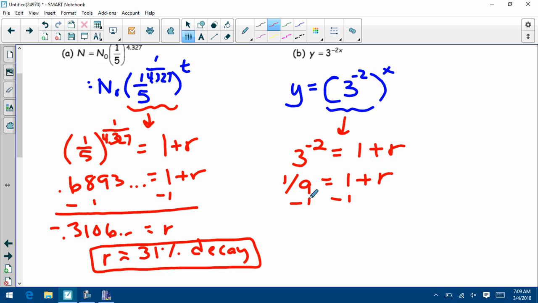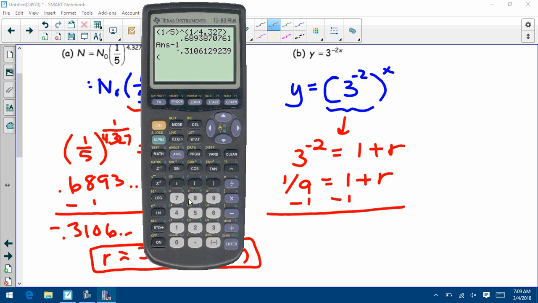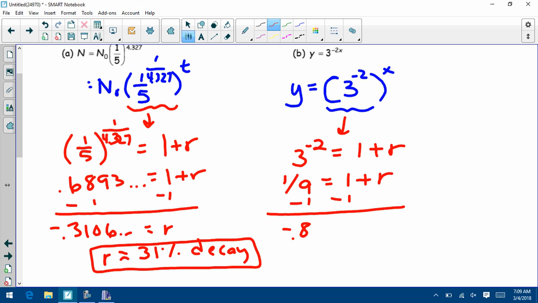Subtract the 1. And we'd rather see this as a decimal anyway. So 1/9 minus 1, negative 0.888, repeating. So that means we've got R is about an 88% decay rate.